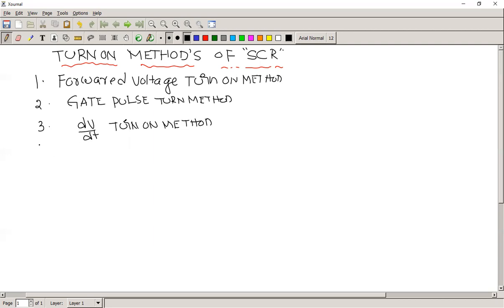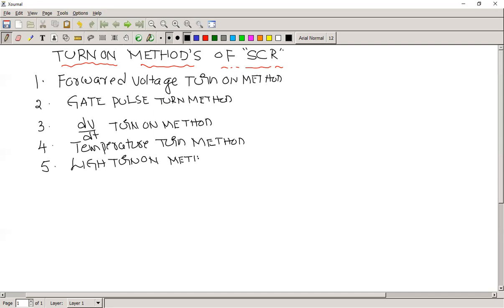Fourth one is the temperature turn on method. Fifth one is the light turn on method.